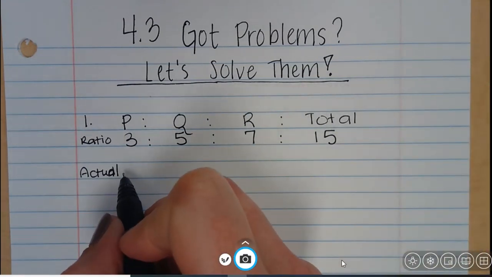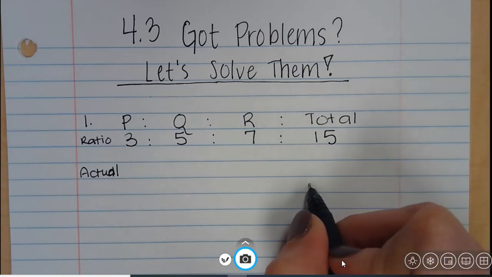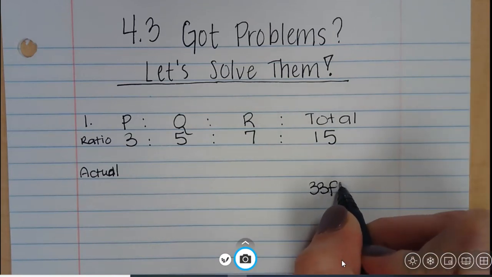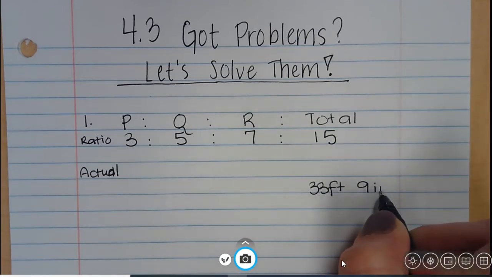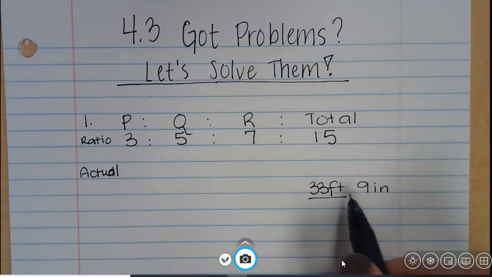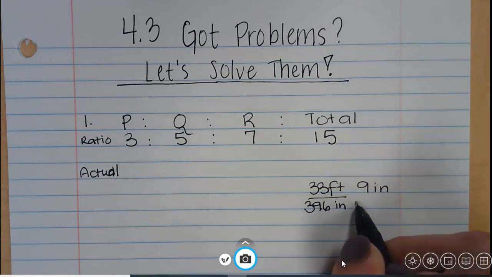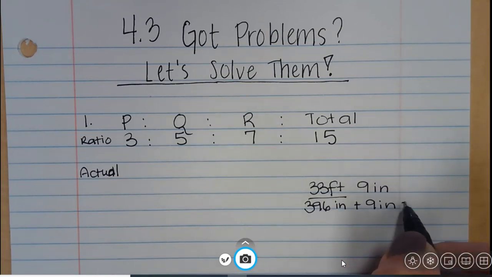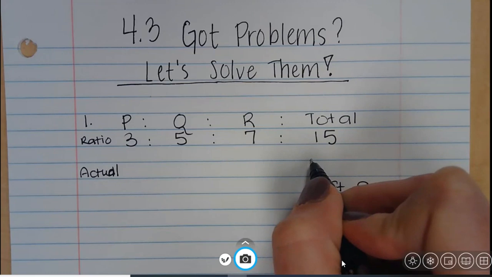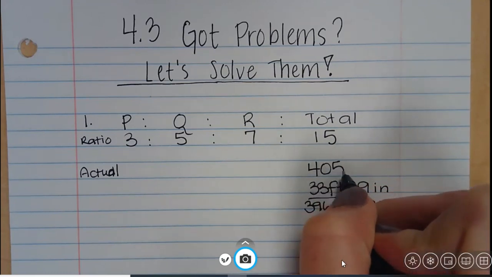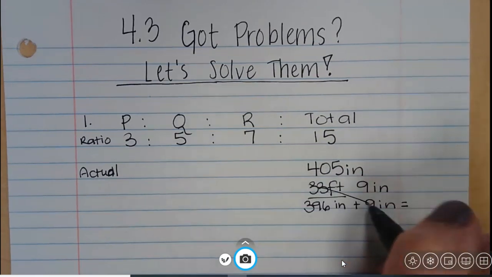And then it said the actual rope was 33 feet, 9 inches, which we would have to convert feet into inches, which would have been 396 inches plus 9 inches is 405 total inches. So we're done with that.